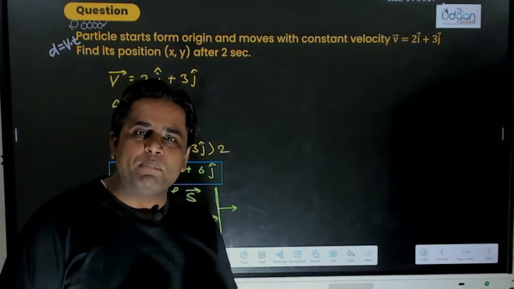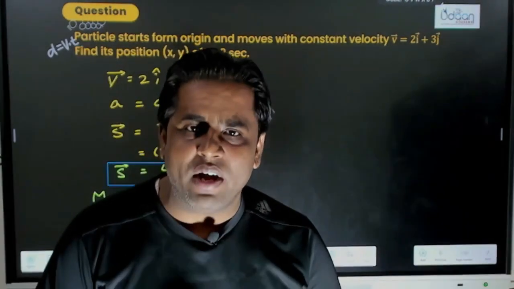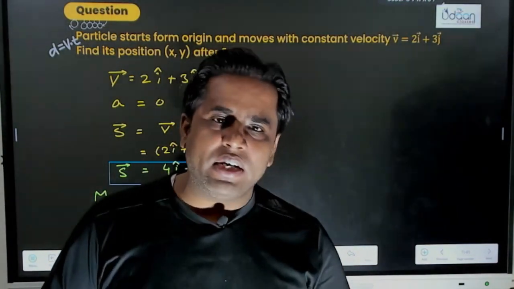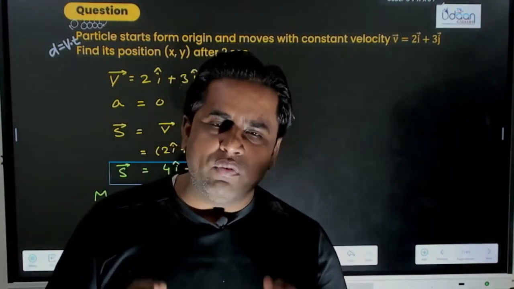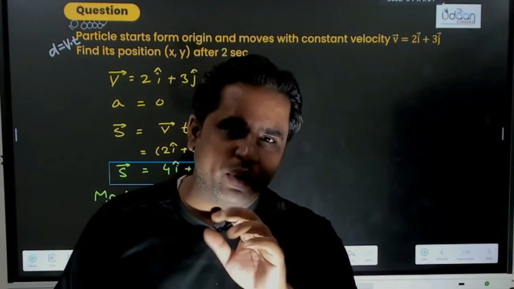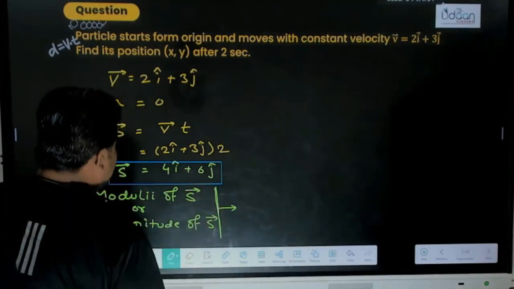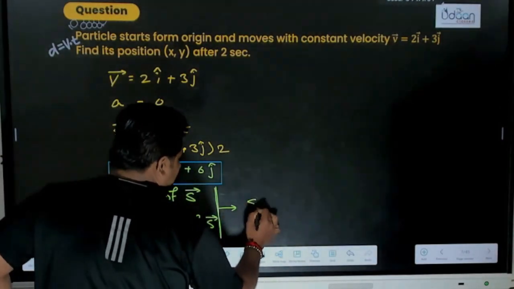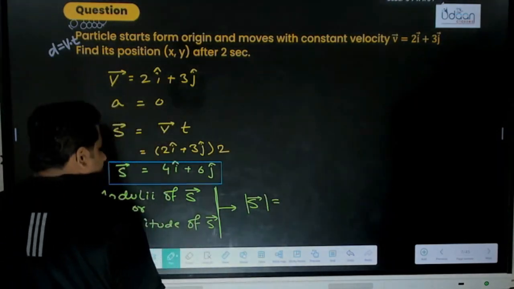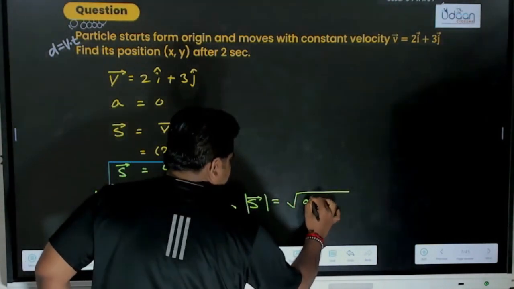So we have already been provided with one tool. We have already done it in the vector part, and if you haven't, you must go through the vector part and all those equations covered in your classroom program. So here, knowing the i cap and j cap parts, if I need to find out the magnitude, I will write it as root under a square plus b square.